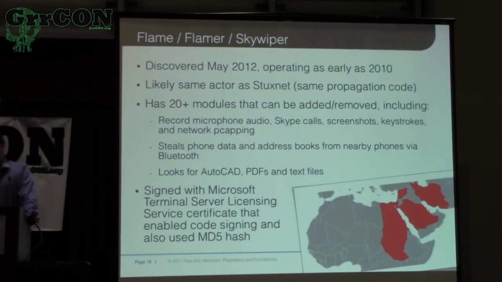It would turn itself into a Bluetooth beacon and try and suck data from everyone's Bluetooth devices and phones in the room. Also would look specifically for AutoCAD files, PDFs and text files. So these are things that are useful for determining, okay, what kind of SCADA environment am I looking at? Any design documents related to where I'm running, that kind of thing.